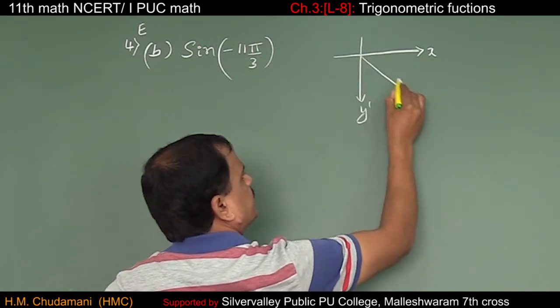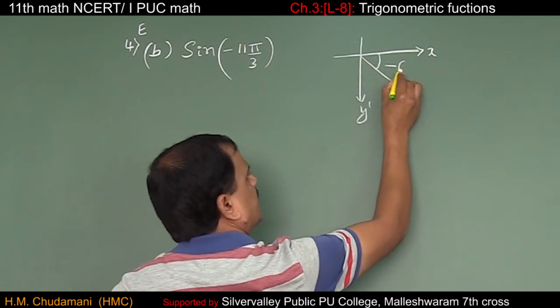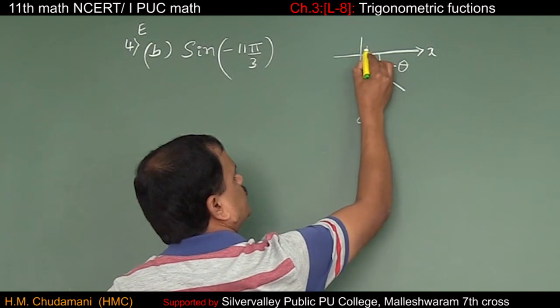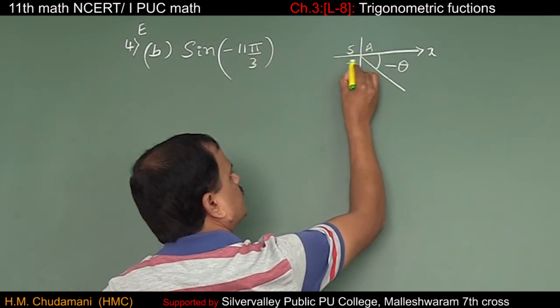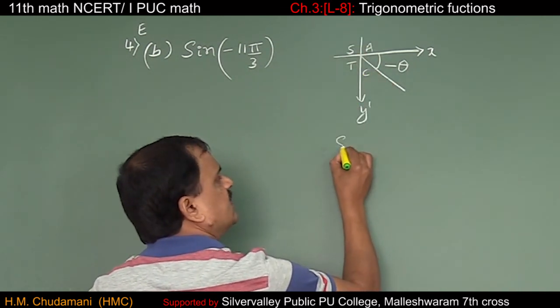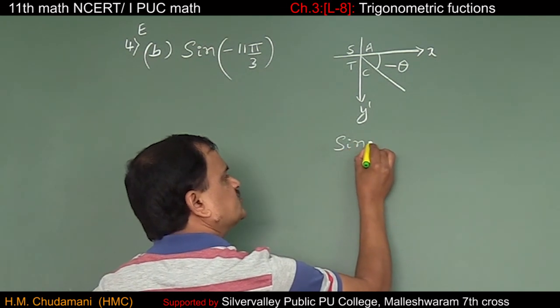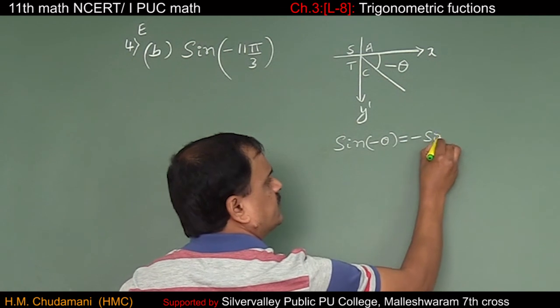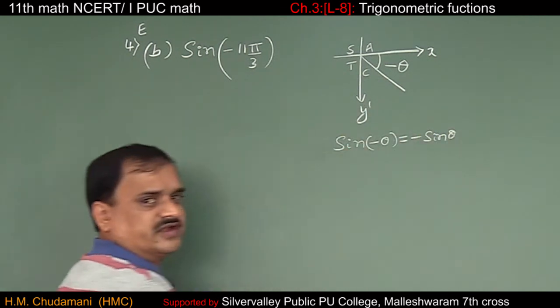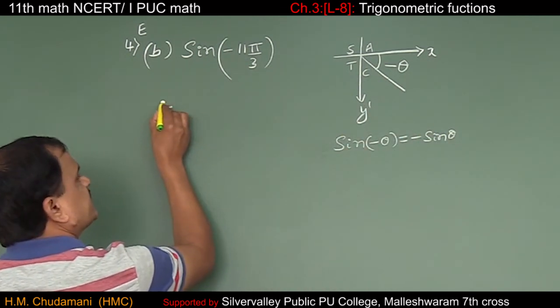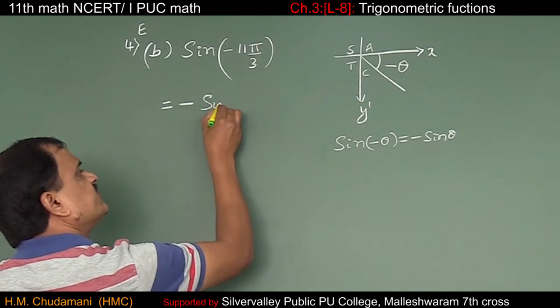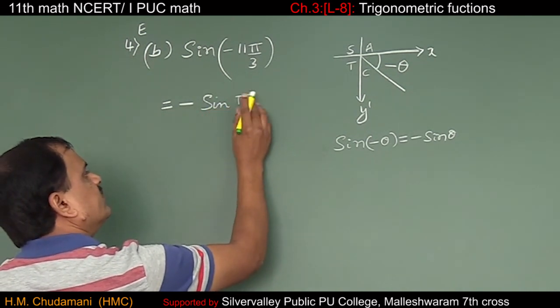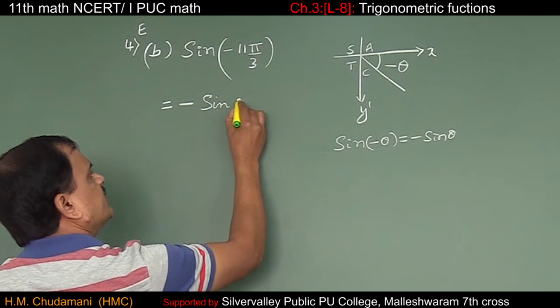As per the ASTC rule, only cos and its reciprocal are positive, whereas sin of minus theta is minus sin theta. That's why this can be written as minus sin of 11 pi by 3.